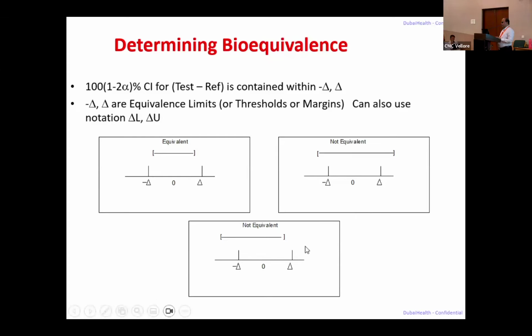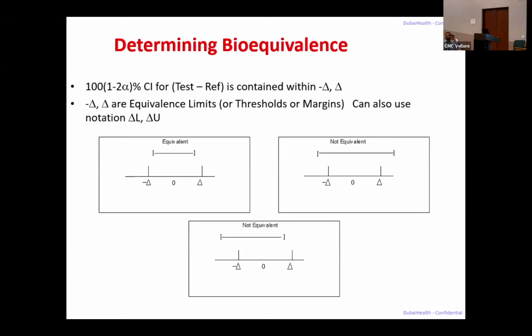Now supposing, for example, yesterday he had shown you this is what we are talking about. This is plus delta.